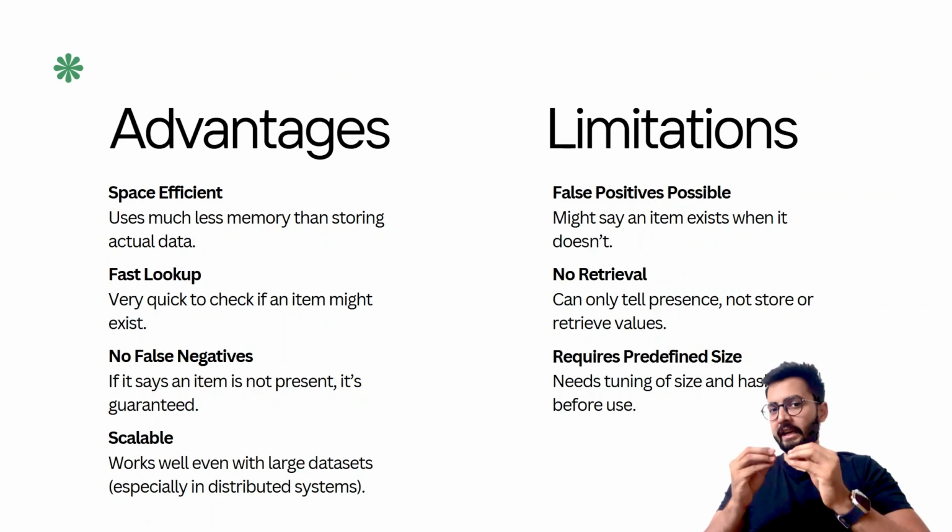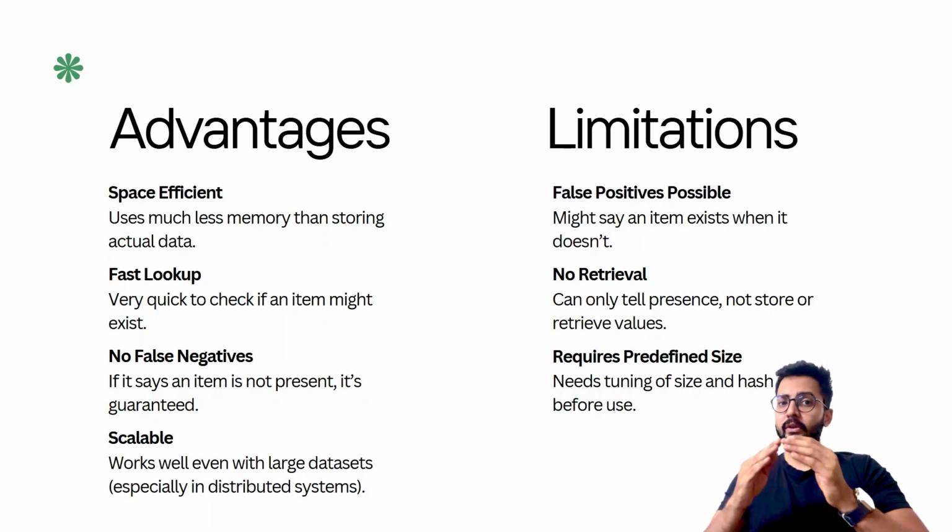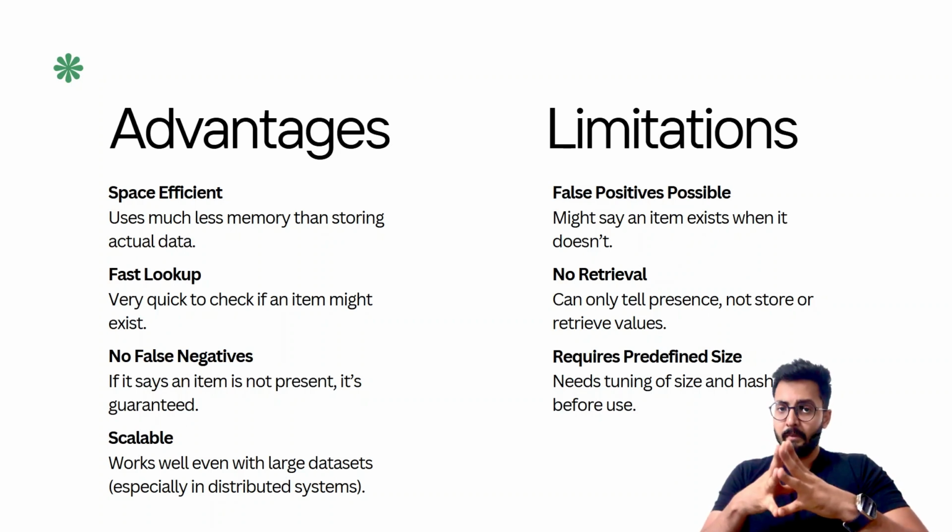You can't pull the data back out. And the third one is you need to define the size in advance. You have to tune the size of the filter and the number of hash functions before you start using it. And that can be tricky if you don't know how much data you'll handle.